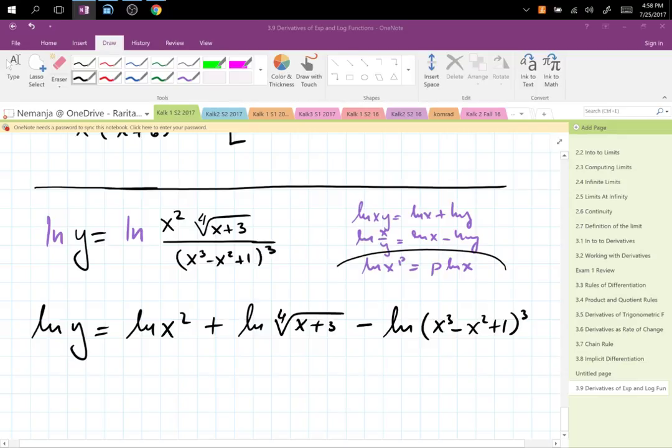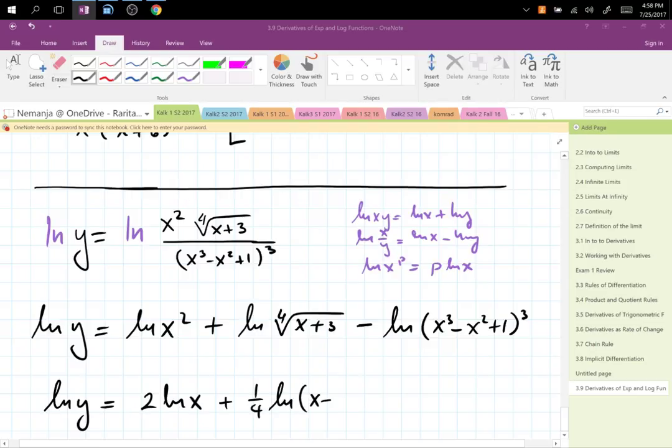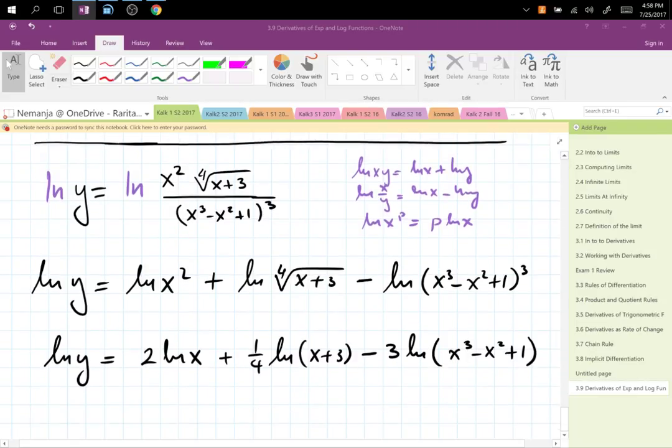Now we are going to use the power rule to kick all the exponents out. So I have ln y equal to 2 ln x plus 1/4 ln of x plus 3 minus 3 ln of x cubed minus x squared plus 1. All I did is use the power rule to kick out all of the exponents.